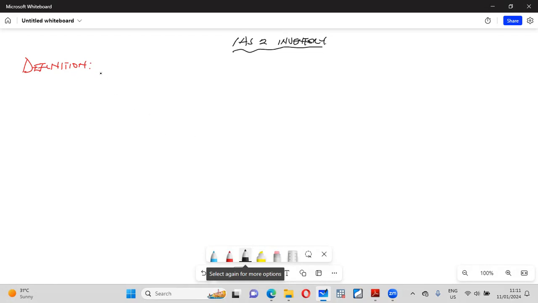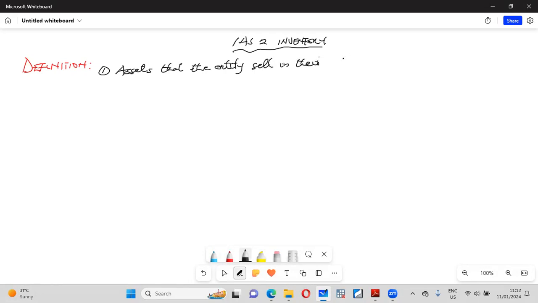So one, the assets that the entity sells in their ordinary course of activity.